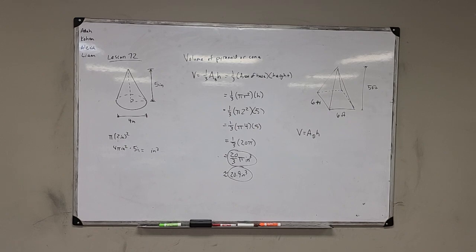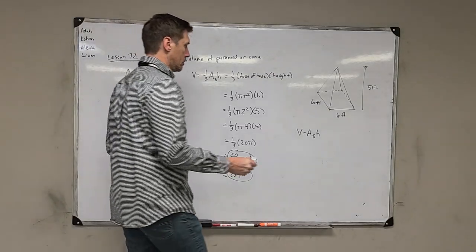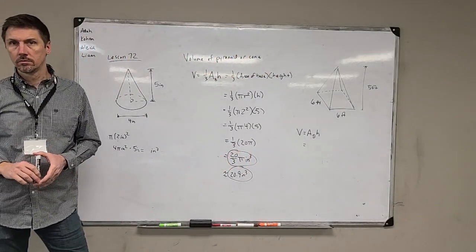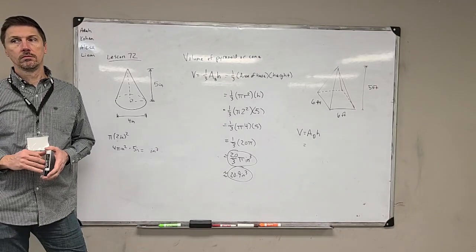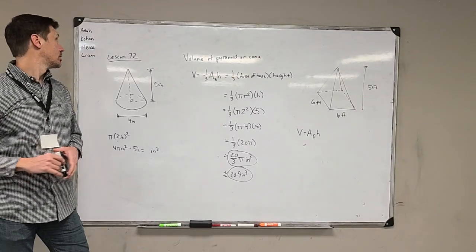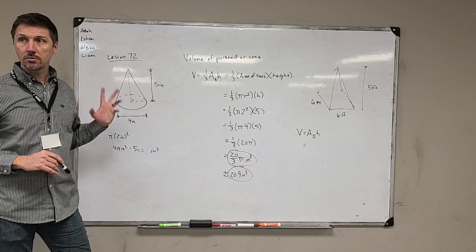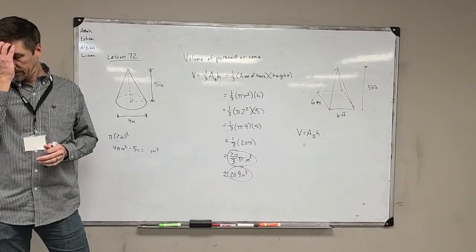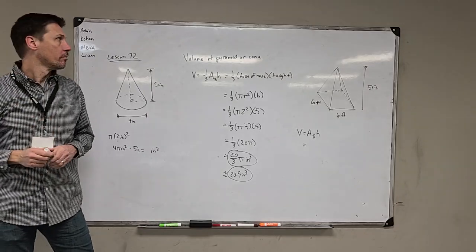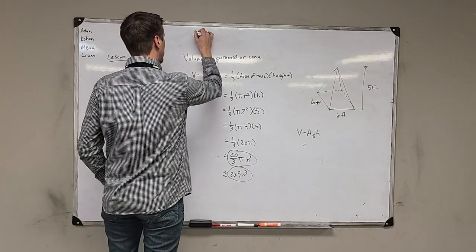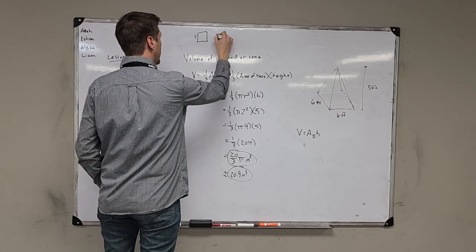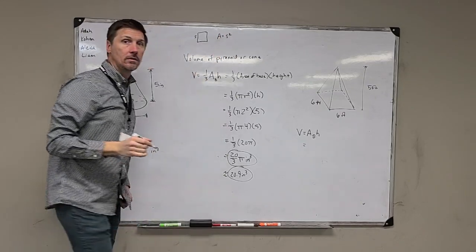What's the area of this base? What's the area of a square? You guys remember seeing a drawing like this where you had a square and it said the length of the side was S, and so A is equal to S squared?